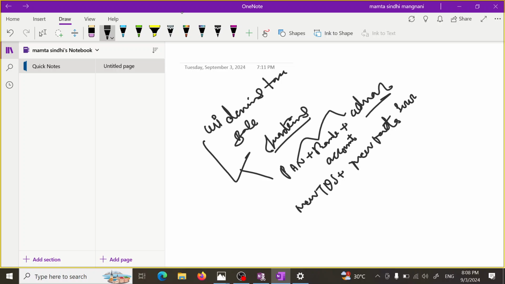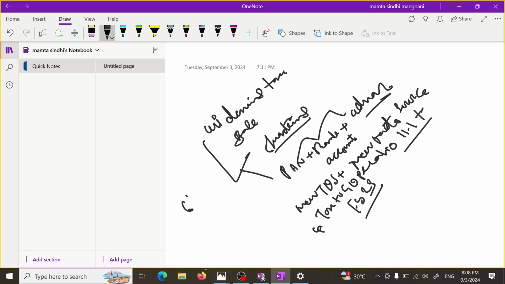The tax to GDP ratio is how much? 11.1% in financial year 2023. Direct tax is 6% and indirect tax is 5.1%, so we have more direct tax than indirect tax.